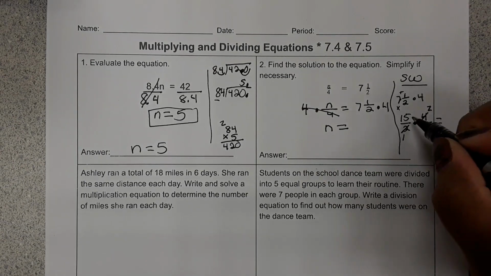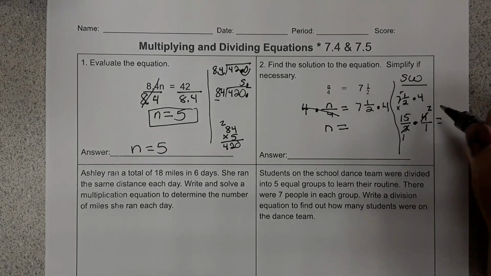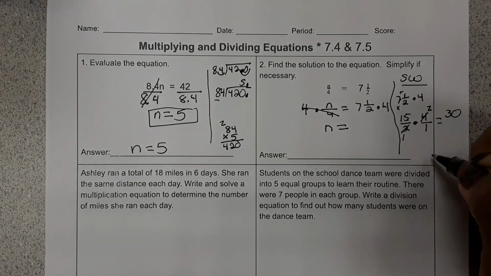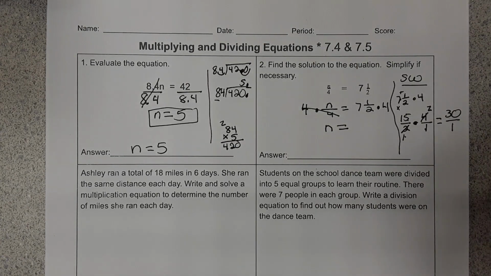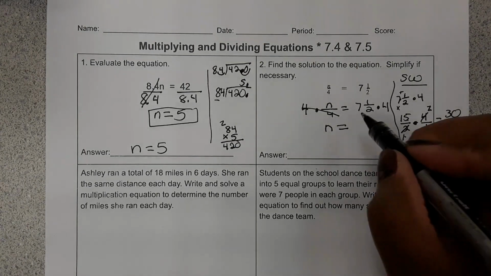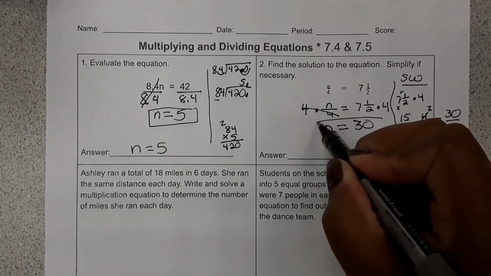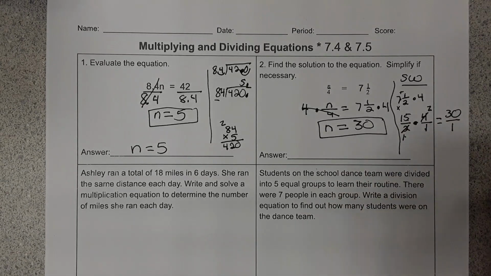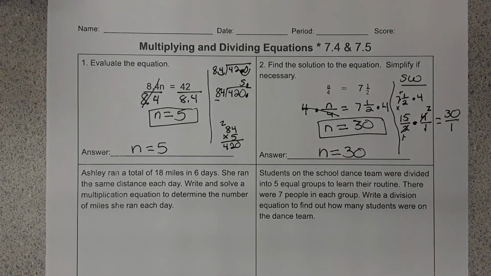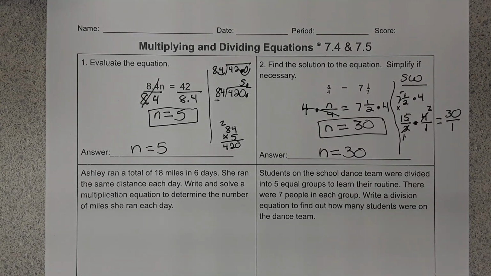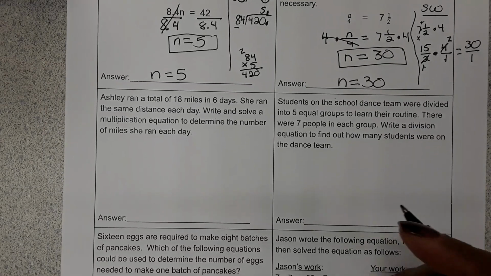I'm left with 15 times 2 in the top for 30. And 1 times 1 in the bottom for 1. And I know 30 over 1 is just a fancy way to write 30. So in this case, n equals 30. Excellent.